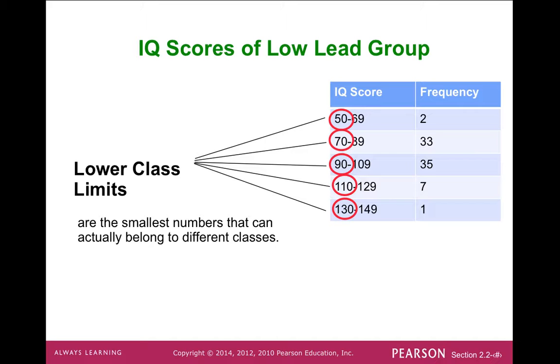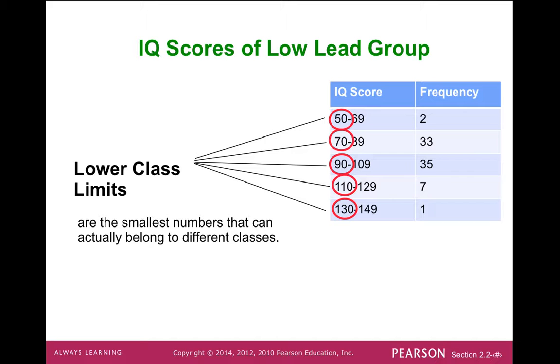And in the other column, what's corresponding to them is the number of times that an IQ score in that range shows up within your data set. So for example, from an IQ score of 50 to 69, there were two people in your sample that had that IQ score, and so therefore it's represented in your frequency column.